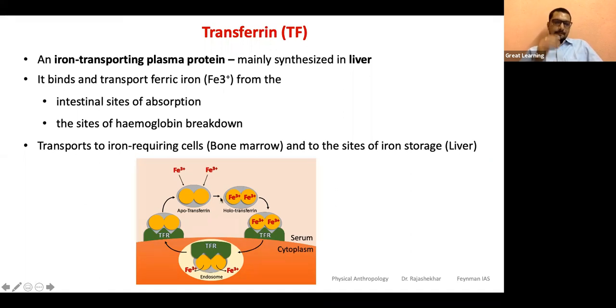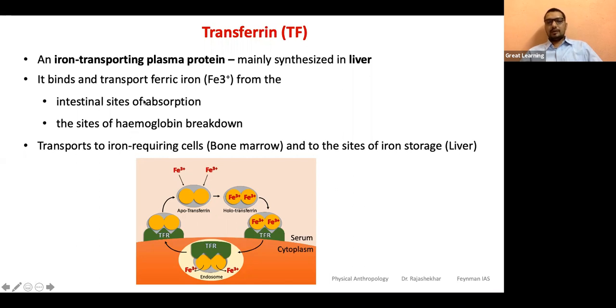So what does it do? From the intestines, from the digestive system where iron is available, because from the food we eat, iron-rich components release iron in the digestive system, and when iron is released into the intestines, that is where transferrin is available.